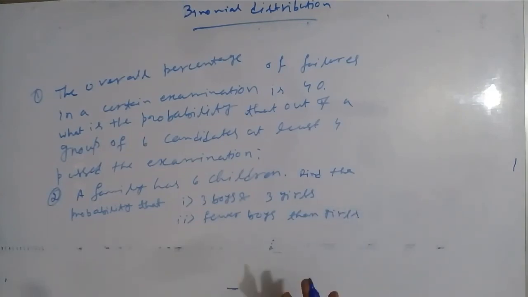So the family has 6 children. You have to find the probability that in that family there will be 3 boys and 3 girls, and fewer boys than girls.